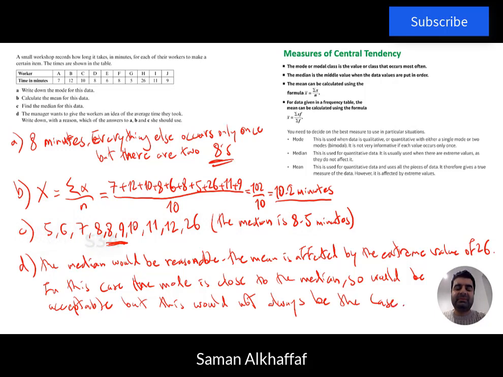So our explanation would be the median would be reasonable, the mean is affected by the extreme value of 26. In this case, the mode is close to the median, so it would be acceptable, but this would not always be the case. And this will be our answer for this question.